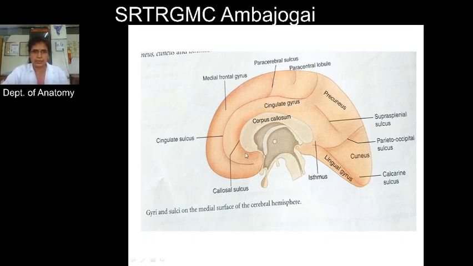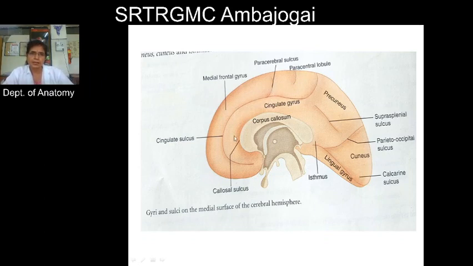It starts anterior to the genu of the corpus callosum, runs backward parallel to the corpus callosum, then turns upward and ends at the superomedial margin just behind the central sulcus. The central sulcus, present on the superolateral surface, also extends a small part onto the medial surface, and the cingulate sulcus ends just behind it.